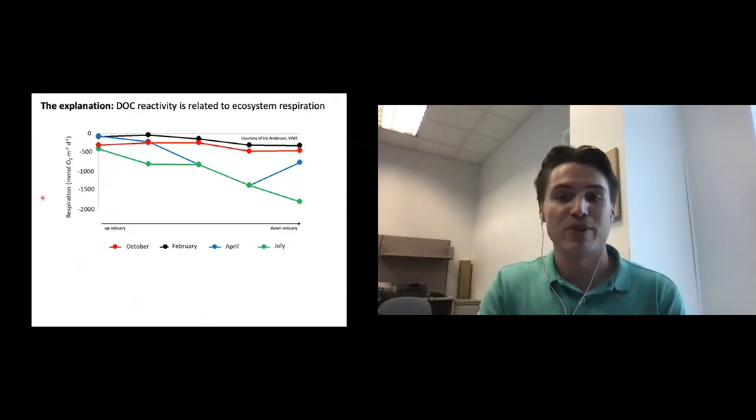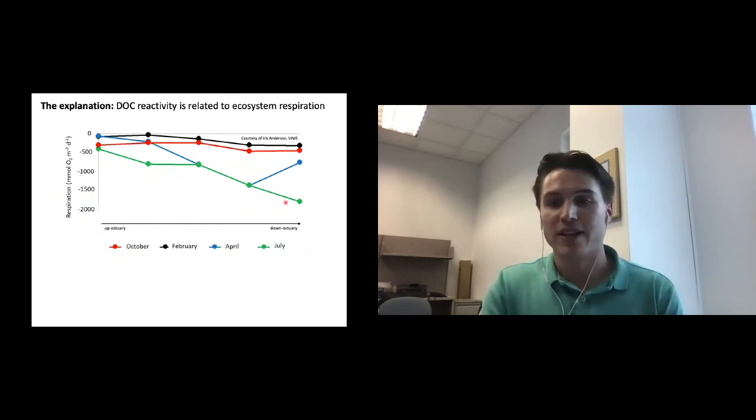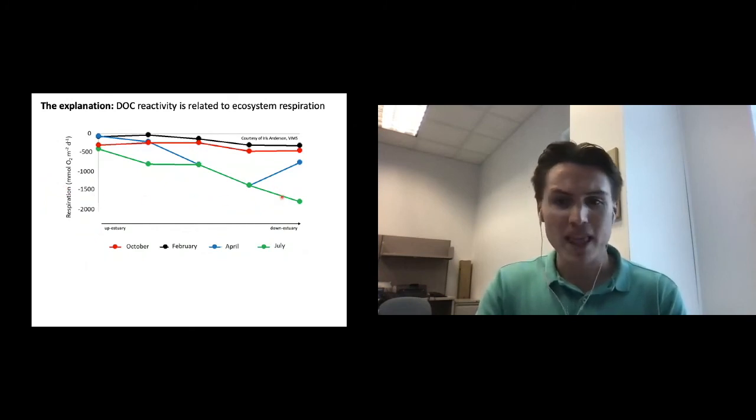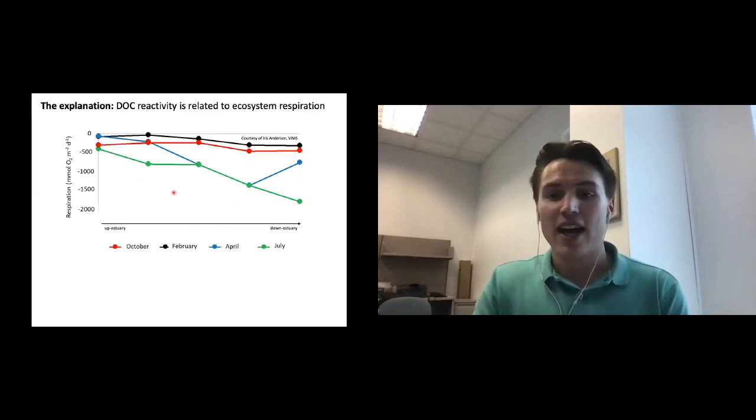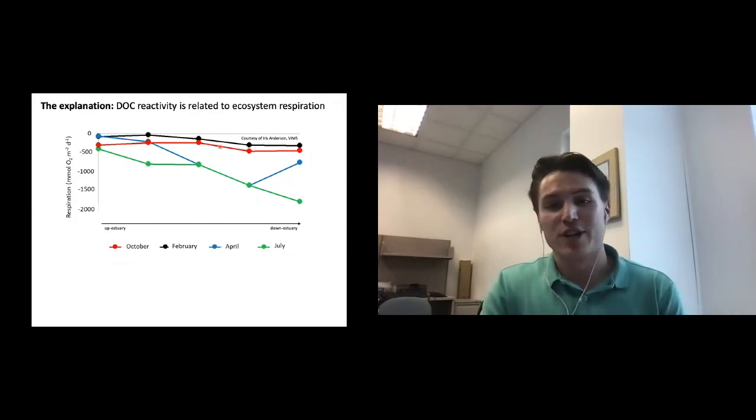Here we have respiration in millimoles of oxygen per meter squared per day, moving down estuary between our different sampling dates. And negative values here are indicating a net consumption of oxygen. And what you can see is that in October and February, there's much less respiration occurring than what we saw in April and July, especially down estuary where we also saw those higher rates of respiration.